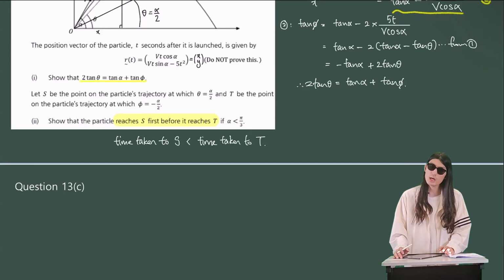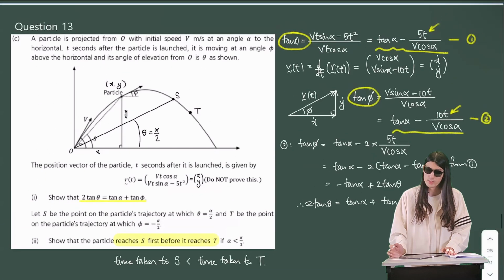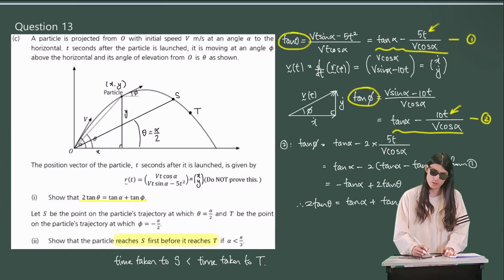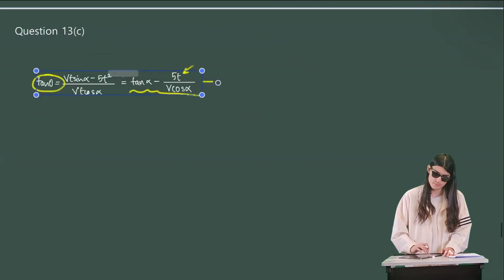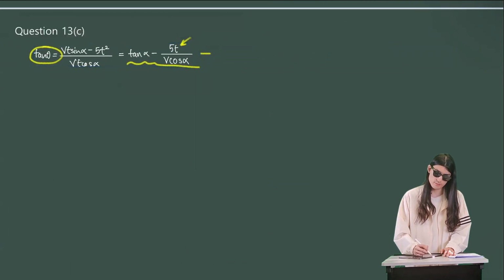Now the first one, the time taken to reach point S, comes from equation number 1. This that I have. Let me copy that and use that in part 2.